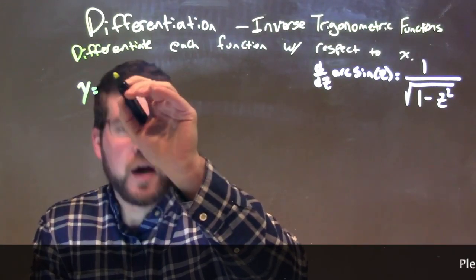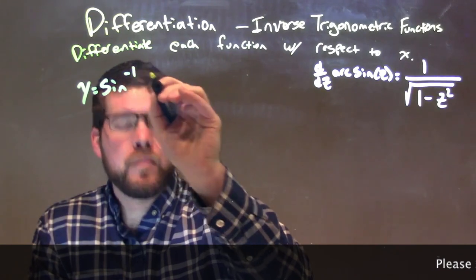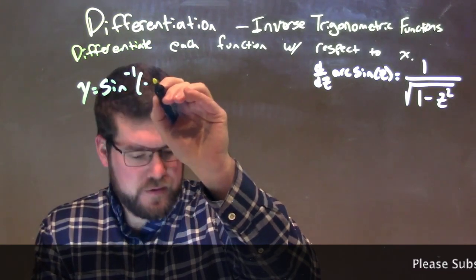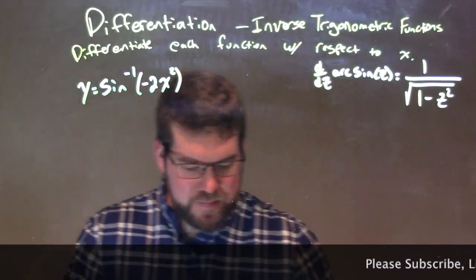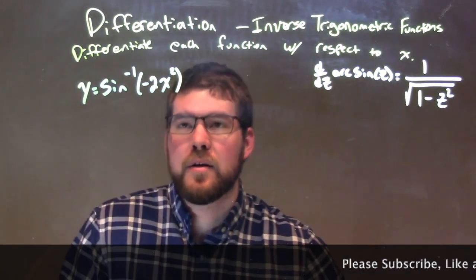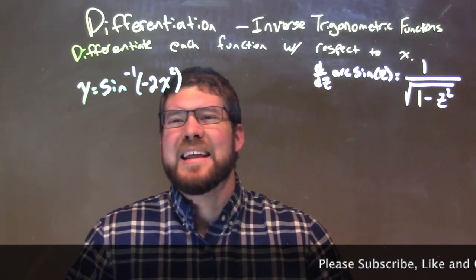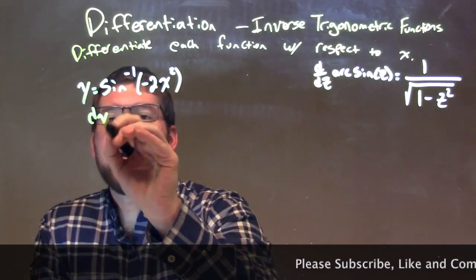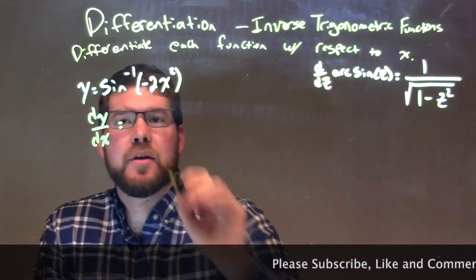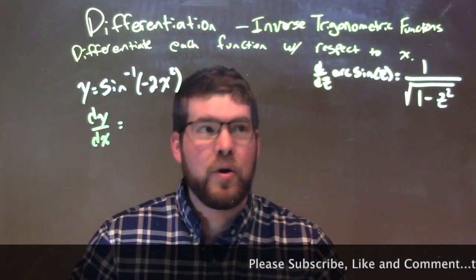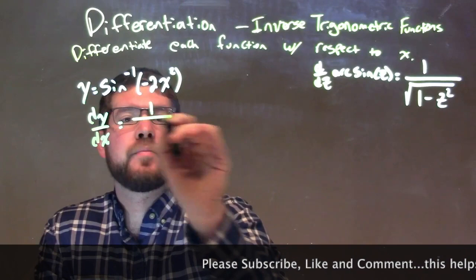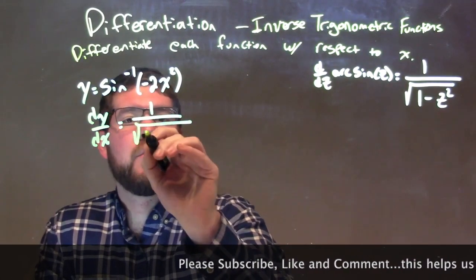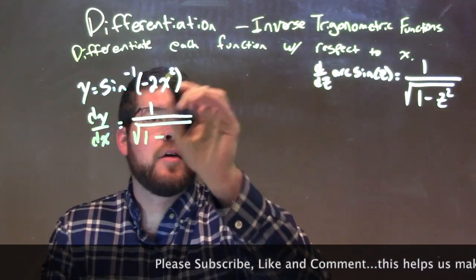y equals the arc sine of negative 2x squared. Okay, so y equals the arc sine of negative 2x squared. Well, take that derivative, so we have dy/dx. We're going to look at our definition of the derivative of arc sine, and it's equal to 1 over the square root of 1 minus, whatever we're taking it of on the inside.